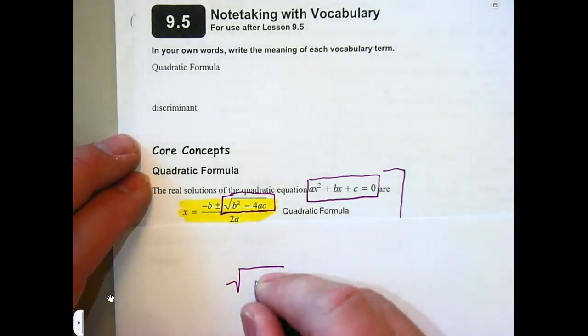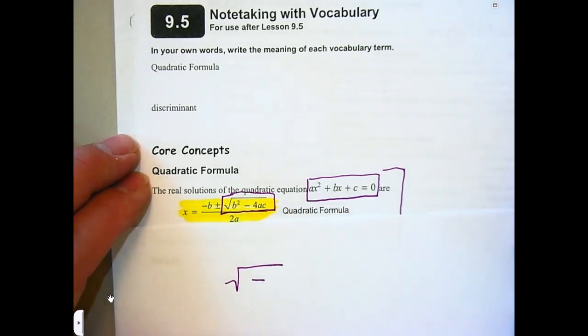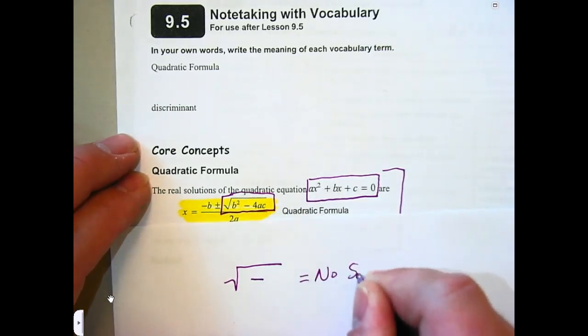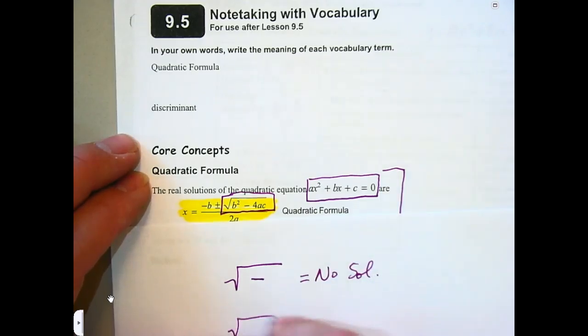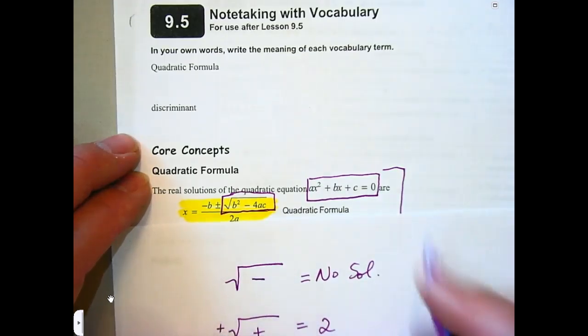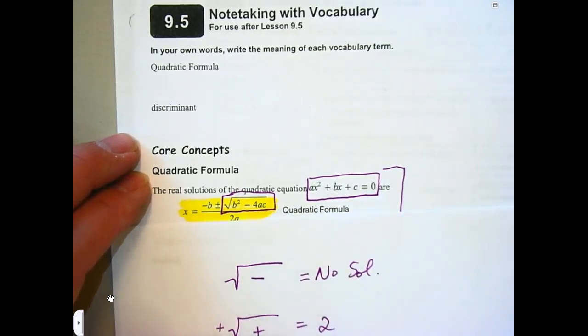Yeah. You get a negative number in there, then you can't do it. If you get a positive number, you're good to go. But if you get a negative number, you can't do it. Positive number, you're going to have two solutions. How? Because there's a plus minus in front. It means there's going to be two pieces to it.